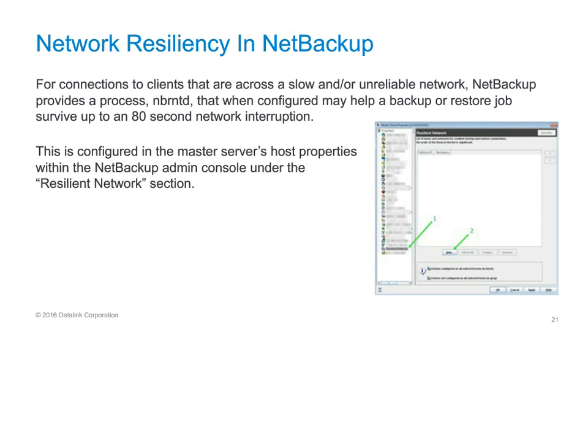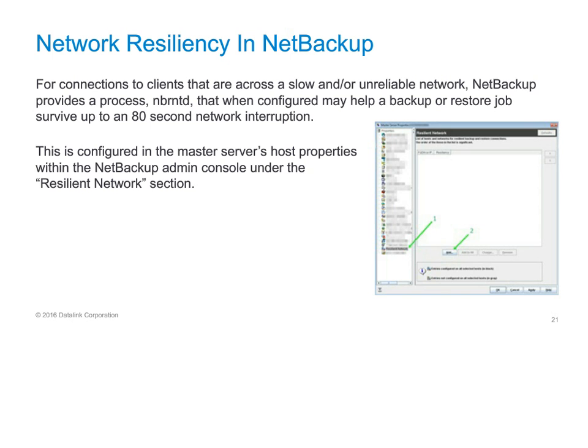One of the things that NetBackup implemented a few versions ago now is something called network resiliency. This is targeted for connections that may be slow or prone to error, whether it be high latency or packet loss.